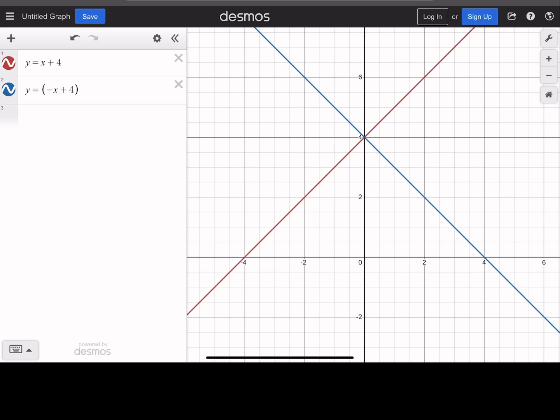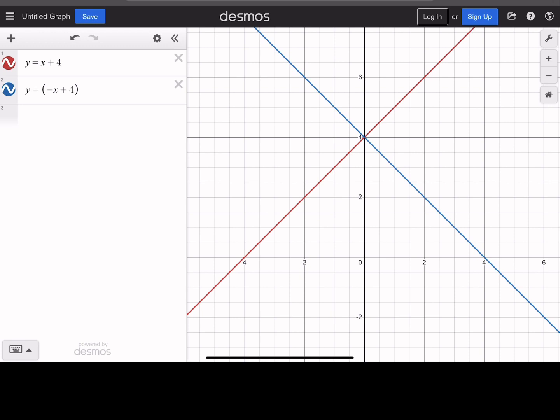And then I have, in blue here, the function that has been reflected over the y-axis, negative x plus 4. And so we could see that right where the original y-intercept of 4 was, there's also the y-intercept of 4 for the reflected graph. And so that is the point that doesn't change.